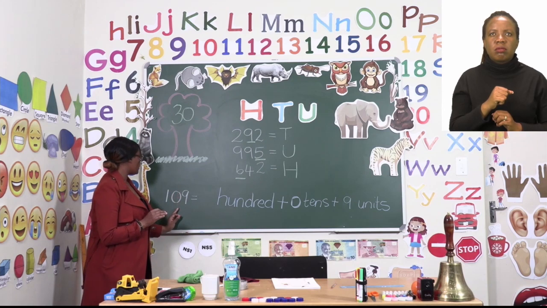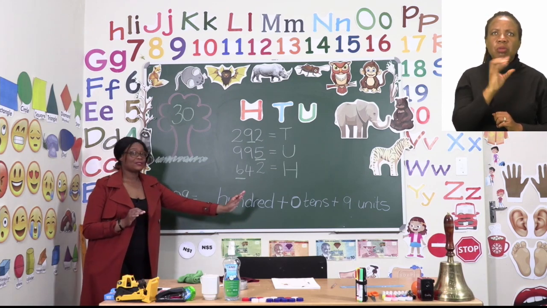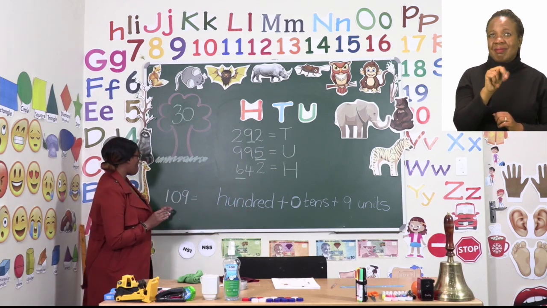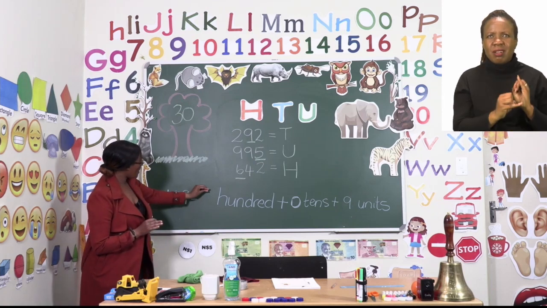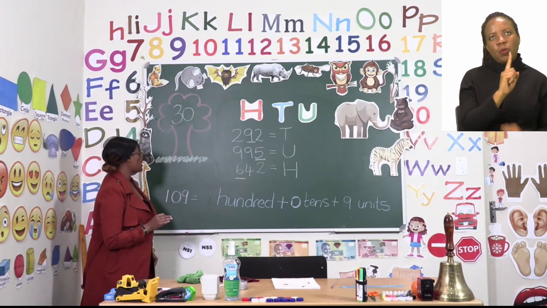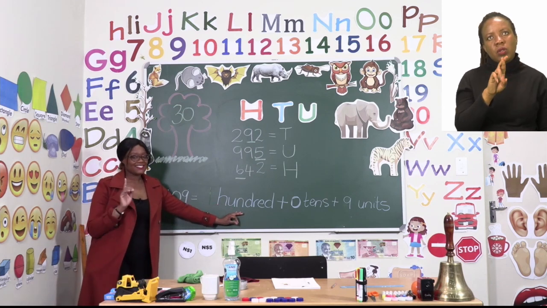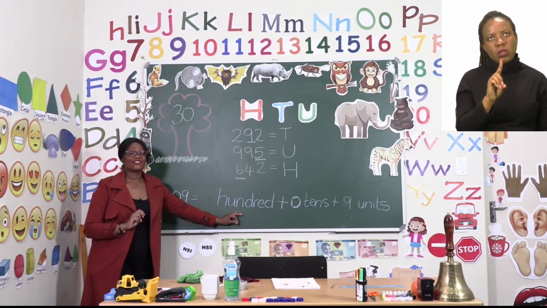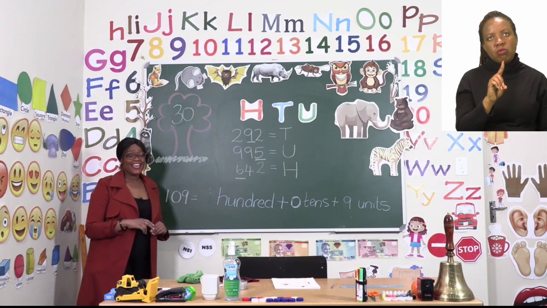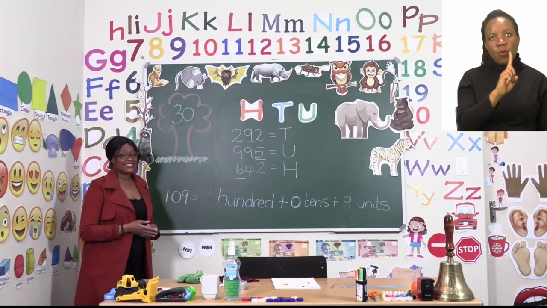Then we have a 0, so there are 0 tens. So the last number is going to be 1. And we will say 100. Since there's only one, we're going to say 100, not hundreds. And it's complete. Simple as that.